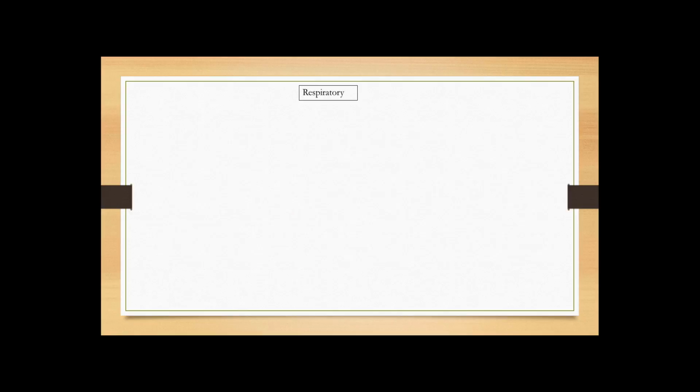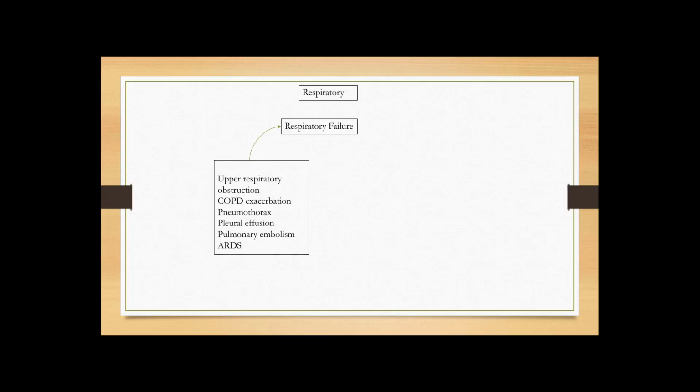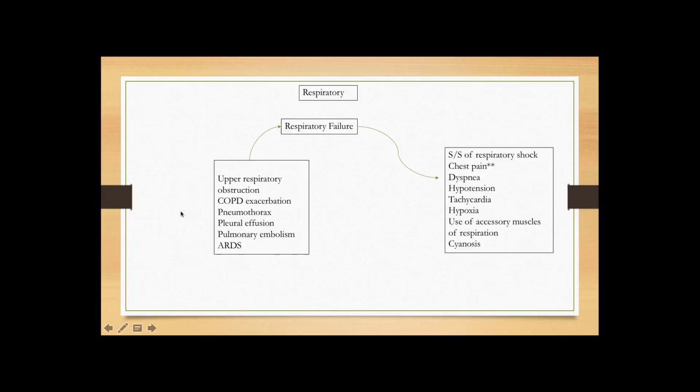Then there are respiratory causes of shock. So of course any respiratory failure, any respiratory disease, if it goes wrong, will ultimately result in respiratory failure and can cause shock. So again, a quick review of everything. Putting all things together, we have something as simple or benign looking as upper airway obstruction, COPD exacerbation, pneumothorax, which is quite common and can be very benign, but also pleural effusion, pulmonary embolism, and ARDS.